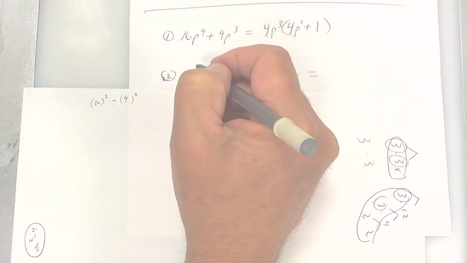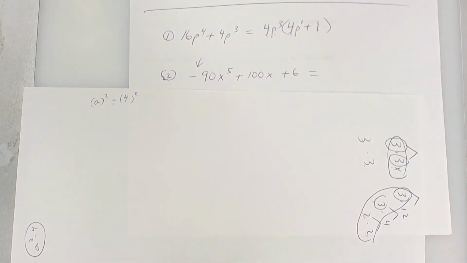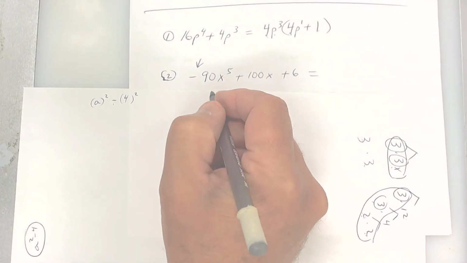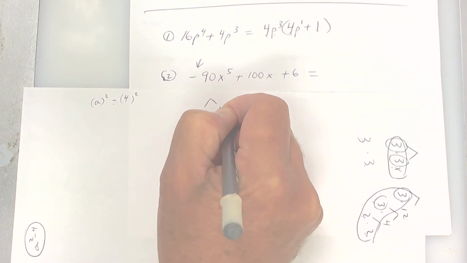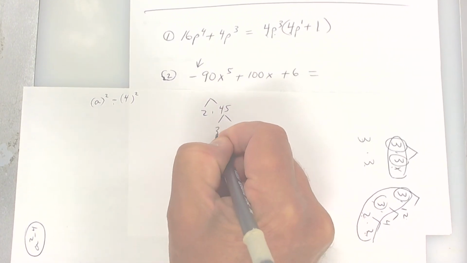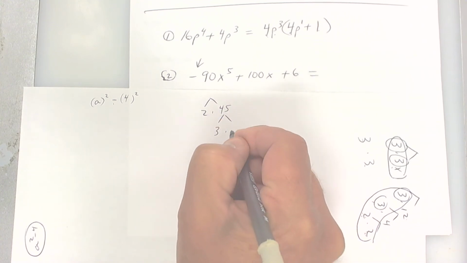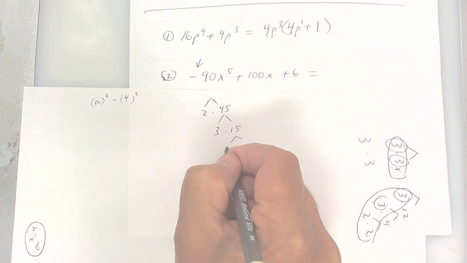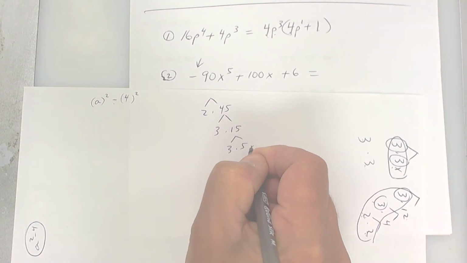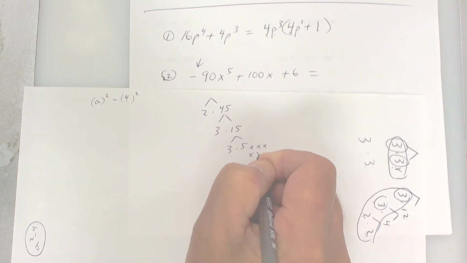Notice that this first one's a negative, so we're going to take a negative out. Alright, so we're going to break this up. So we're going to say 2 times 45, 3 times 15, and then 3 times 5. And then x, 5 x's.